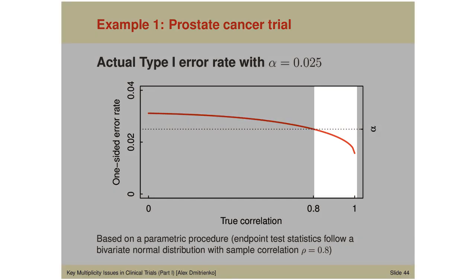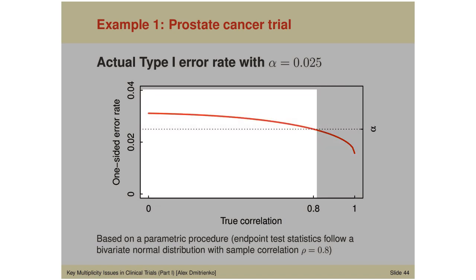If the sample correlation overestimates the true correlation, the parametric procedure becomes conservative in the sense that the actual error rate is going to be below 0.025. So it becomes somewhat inefficient, but at least it controls the family-wise error rate.